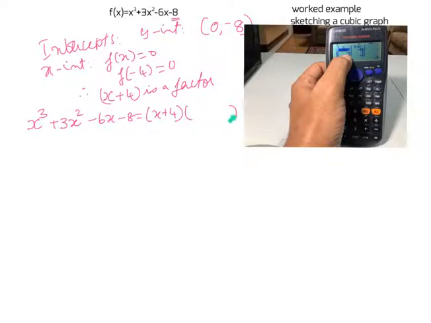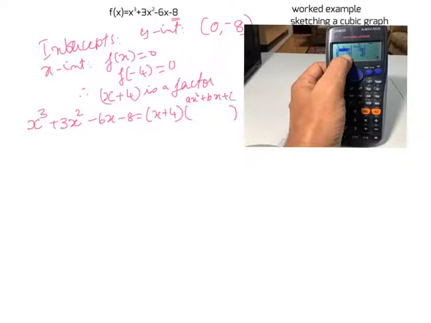Therefore the second factor has to be a quadratic. I write the general form of a quadratic, which is ax squared plus bx plus c.